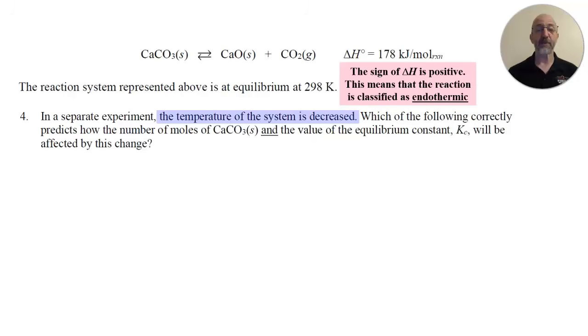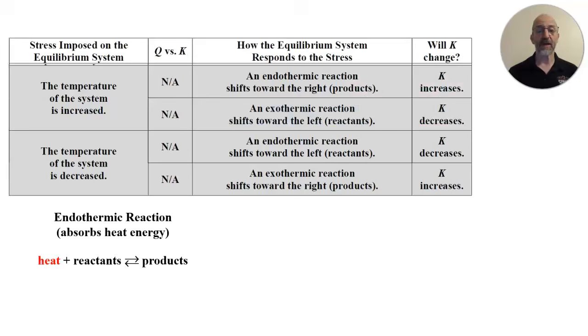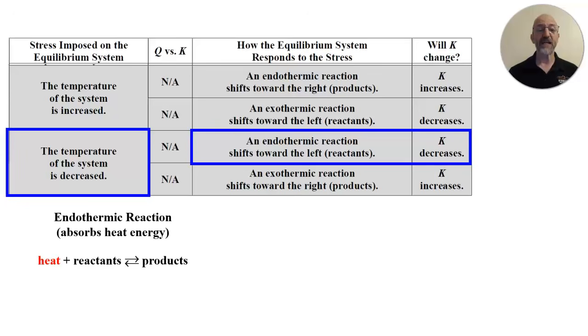Now let's consider that particular situation in which the temperature of the system is decreased and the reaction is classified as endothermic. There will be a shift in the exothermic direction, which would be from right to left, from products to reactants, and the result is that the value of K would decrease. So now that we know what's going on here in question 4, we can choose the correct answer.